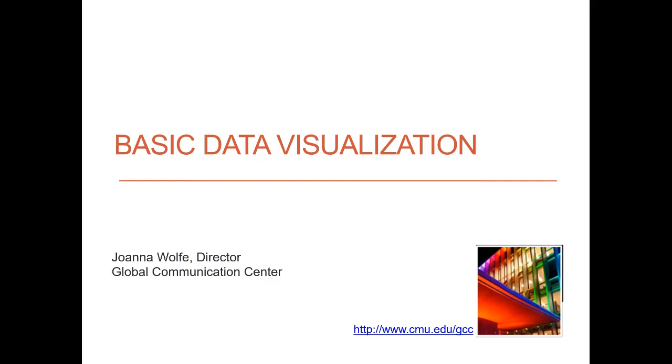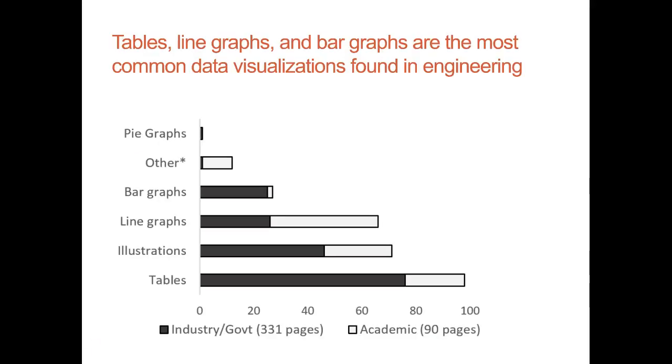Now, first of all, let me preface this with some data. This is from an article I wrote that checks some assumptions about communication in engineering. And so in this visualization, I looked at 10 industry or government papers and 10 academic papers.